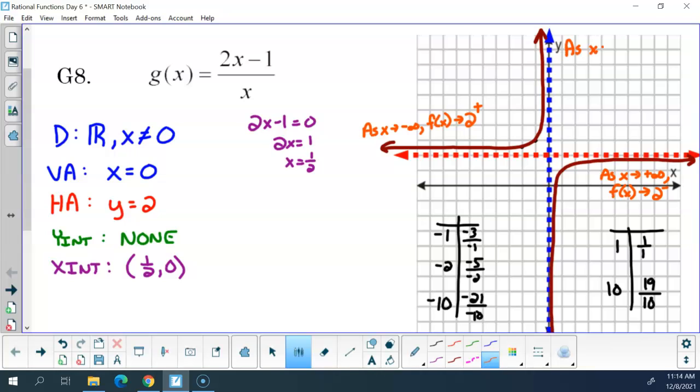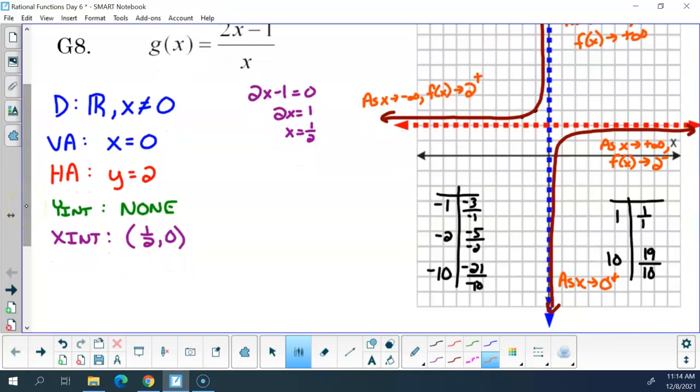As x is approaching 0 from the left, my function is going to positive infinity. And as x is approaching 0 from the right, my function is going to negative infinity.